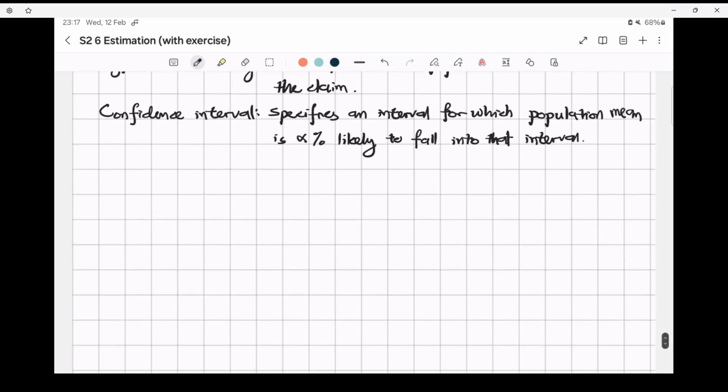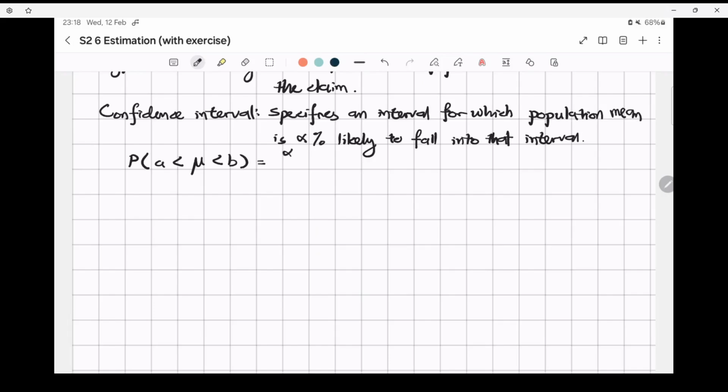So what is the definition of confidence interval? Based on this particular definition, you will guess that the definition will be something like this.